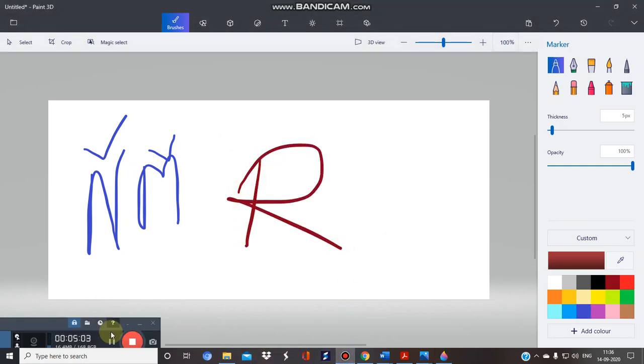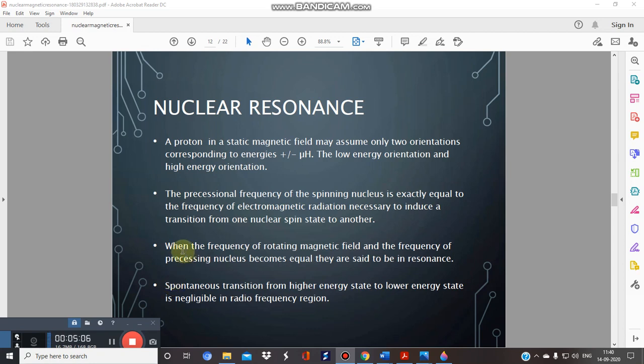Resonance is when the frequency of the rotating magnetic field and the frequency of the precessing nucleus become equal. Don't confuse this resonance with organic chemistry. This is much more related to physics. When the frequency of the rotating magnetic field and the frequency of the nucleus become equal, we can say resonance is achieved.